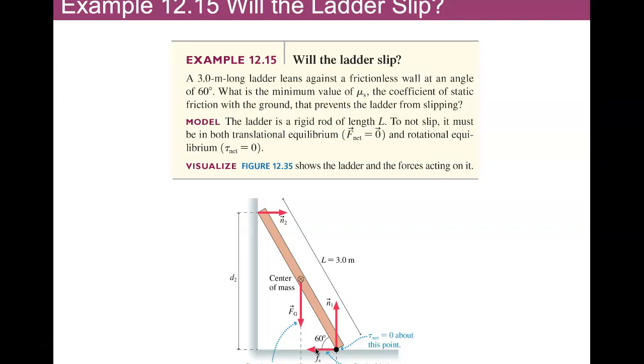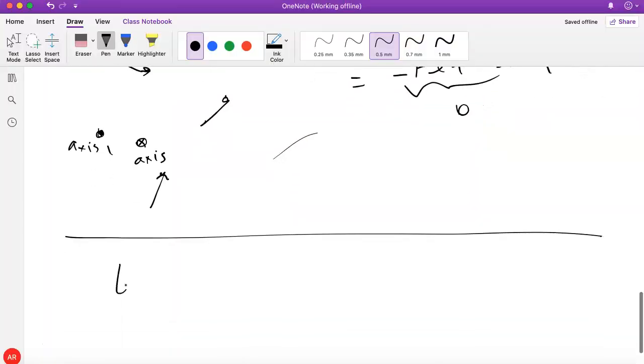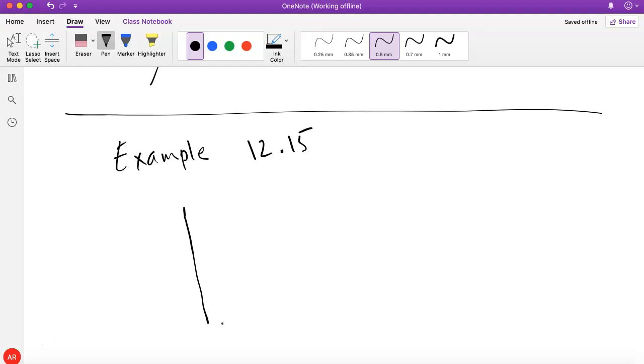If there's no friction, what's going to stop it? This end is going to just slide down and move here, and this end is going to come down. So we need friction for the ladder to stay put against the wall, but we want to find the minimum required value of mu s, so this happens. So this is example 12-15. Okay, so let's draw this again. This is the frictionless wall. This is our ladder.